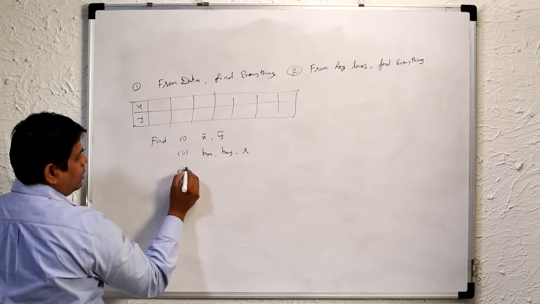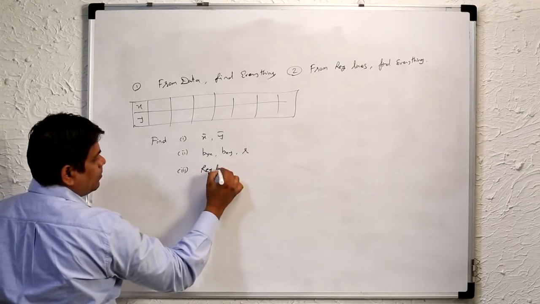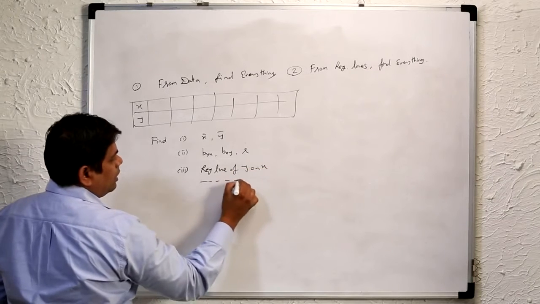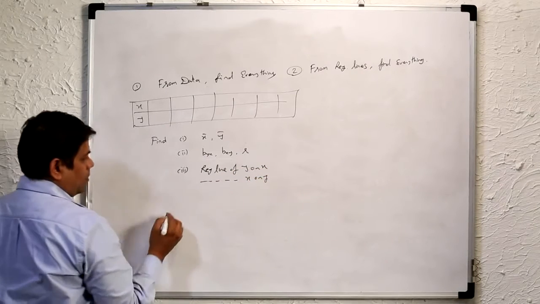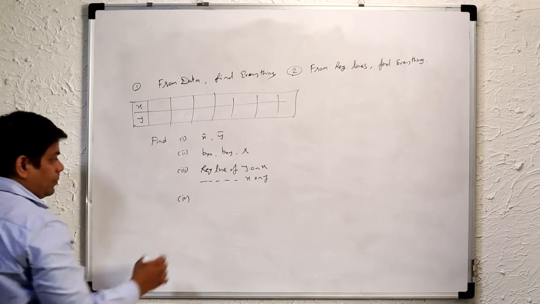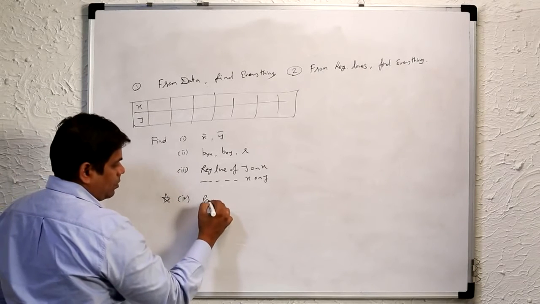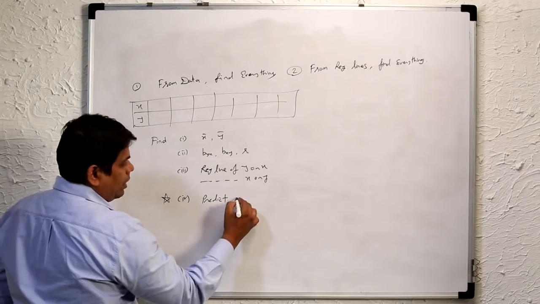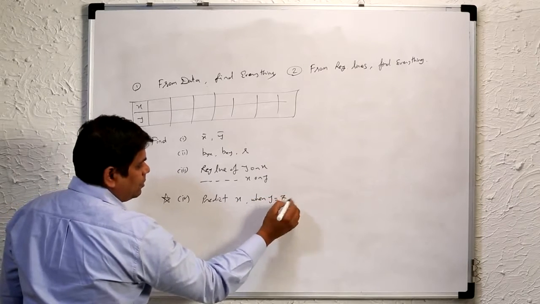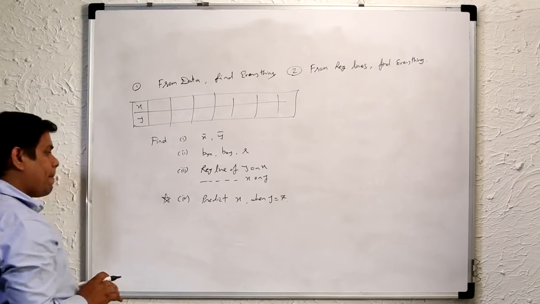Third, they will ask you to find the regression line of y on x and the regression line of x on y. Fourth, they will ask you to predict, a very important question, predict x when y equal to 7. This is something which requires explanation.